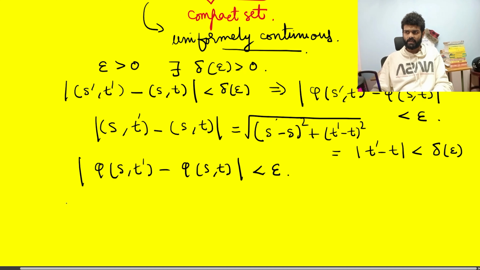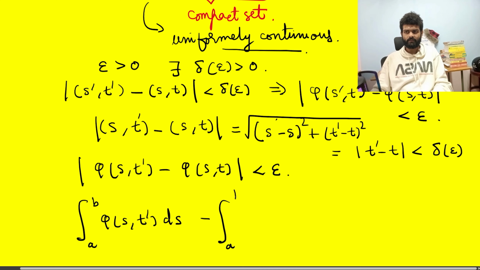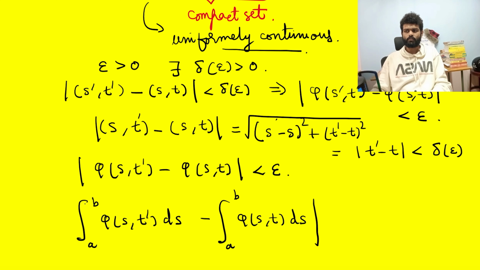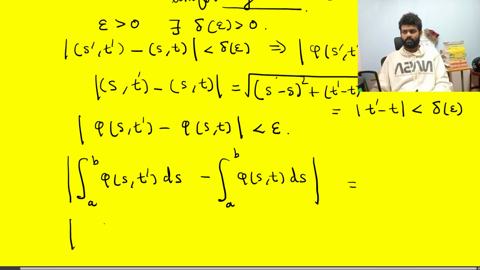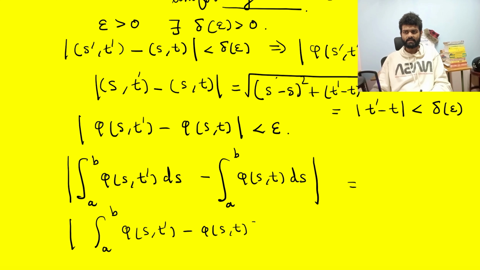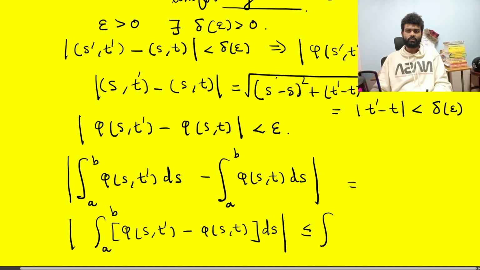Now what I'm going to do is integrate phi(s, t') ds, and then integrate phi(s, t) ds, and then take the absolute value. Okay, so what is this? Well, you can group them: the integral of phi(s, t') minus phi(s, t) ds, and then the absolute value goes inside the integral.